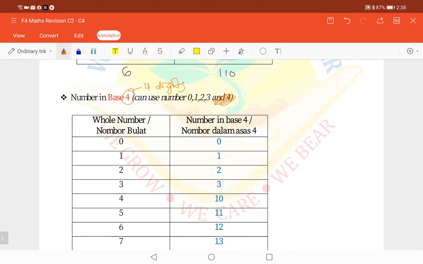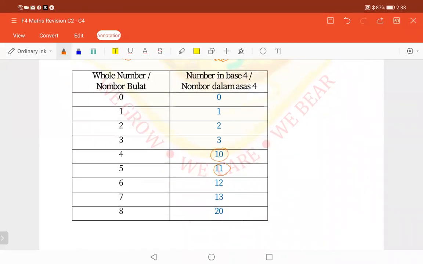So start from 0, 1, 2, 3. So for the fifth number, the next number will be 10. Here, 10, 11, 12, 13, then 20. Okay, base 4.